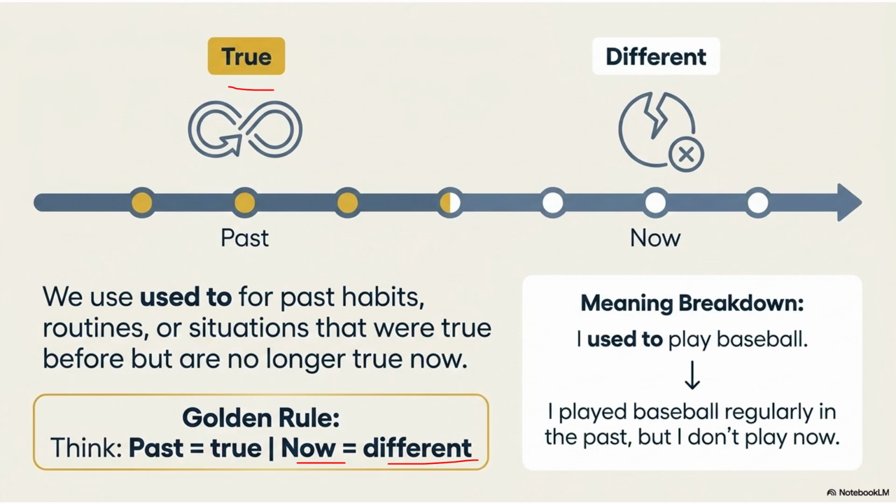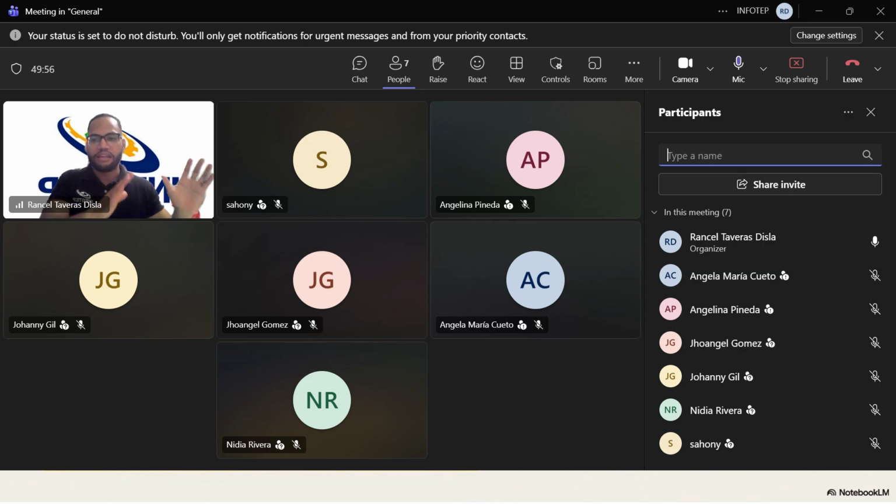For example, meaning breakdown. I used to play baseball. What does that mean? Well, I played baseball regularly in the past, but I don't play now. Okay? So that is the meaning of used to: an action that I practiced in the past, but now I don't do it anymore.